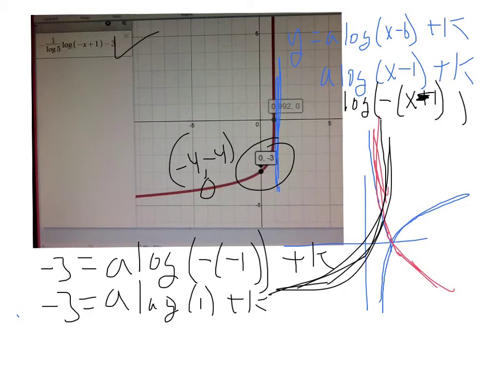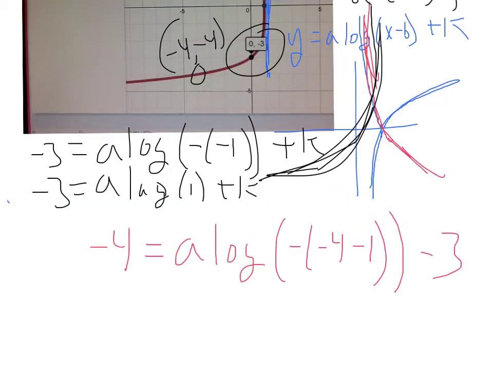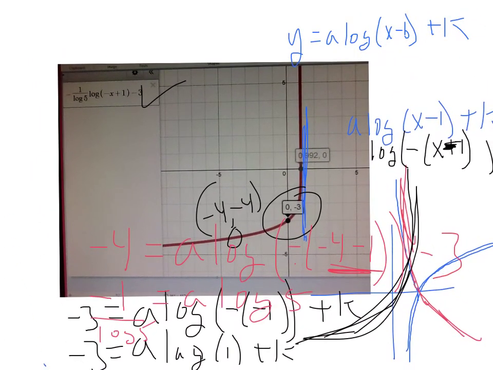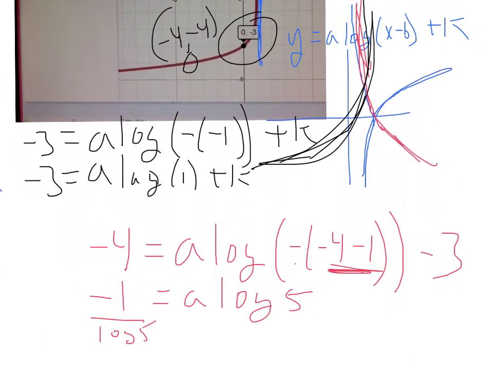So if I substitute those values in, I substituted in everything that I knew, and if I solve this for a, I'm going to add 3 to both sides. That gives me negative 1. And this is a log of 5, I think, right? That's negative 4, change the sign, you get 5. And so I'd get negative 1 over log 5 for a. Is that what I had for an answer for an equation? Yep.